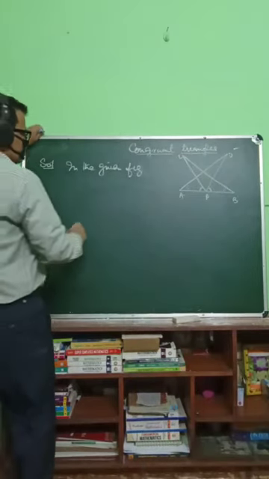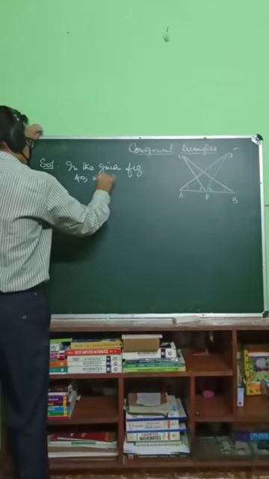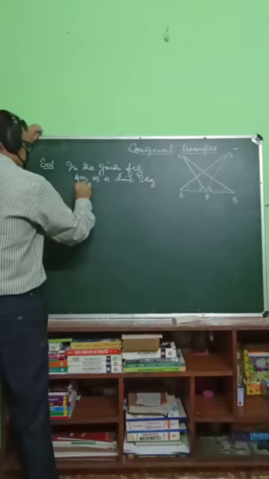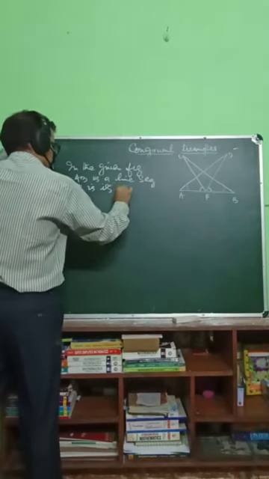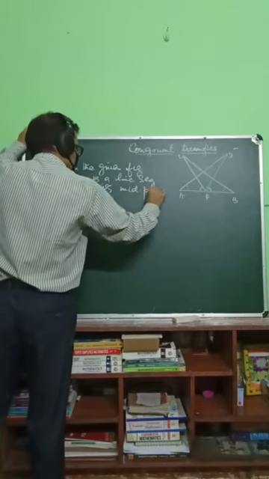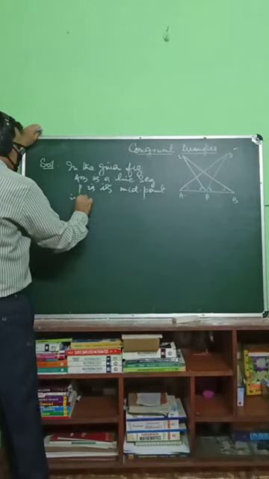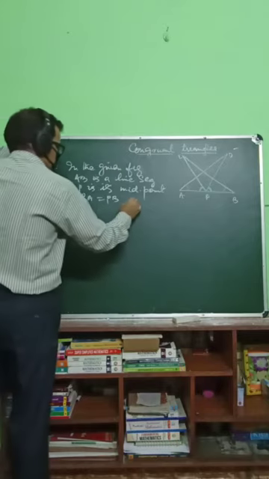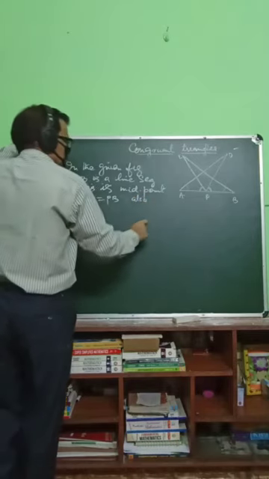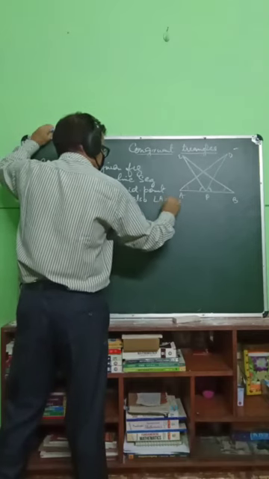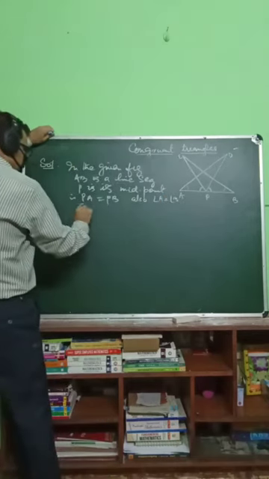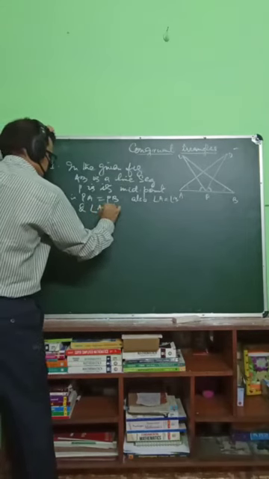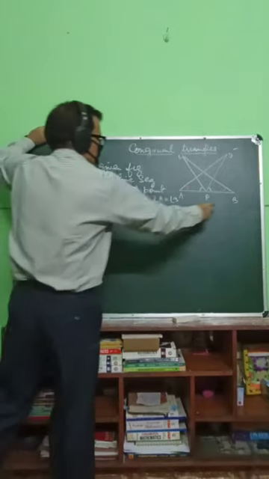In the given figure, AB is a line segment, P is its midpoint, therefore PA is equal to PB. Also angle A is equal to angle B and angle APE is equal to angle BPD.